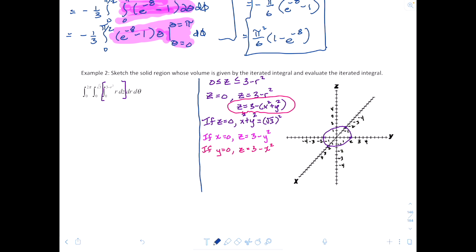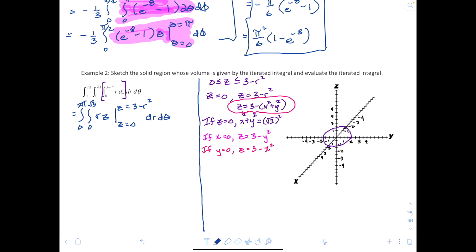So now, working with the purple, this would be the integral from 0 to 2 pi, and then from 0 to root 3. When we integrate r with respect to z, we get r times z, with z going from 0 to 3 minus r squared. Cool so far? And then we'll still have a dr d theta.